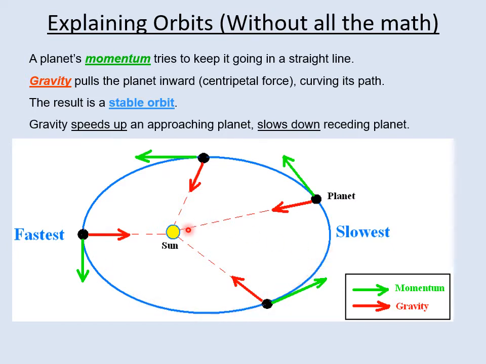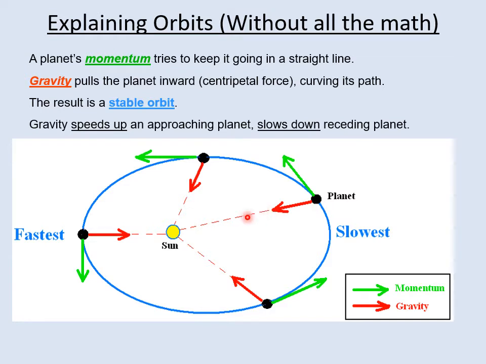The idea of an orbit is that the planet is moving, and its momentum, which has to do with its velocity, wants to make the planet fly off into space. But of course, gravity is an attractive force between the sun and the planet, and the gravity always points inward towards the sun. So no matter where the planet is, gravity wants to pull it towards the sun.